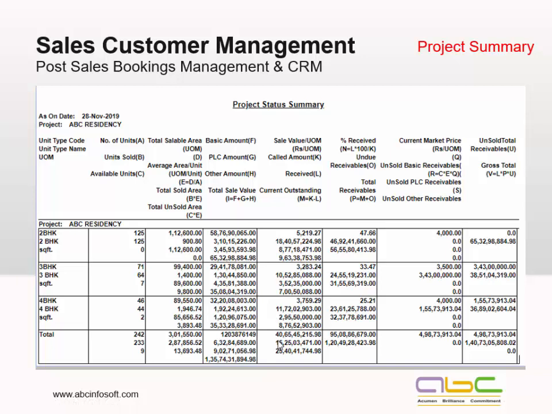Called amount means whatever amount we have called so far, which is due so far. Against that, we have received only 15.25 and 25.40 is my current outstanding. If you convert it into percentages for easy reference, in this category we have received 47%. Sorry, in this category 33%, 25%, and this is the total.